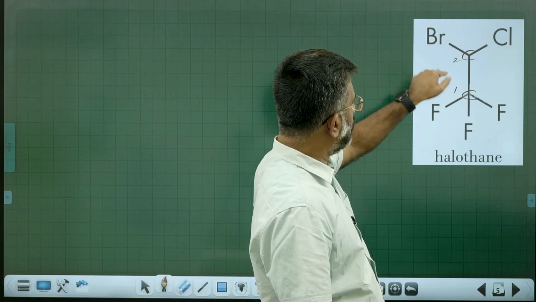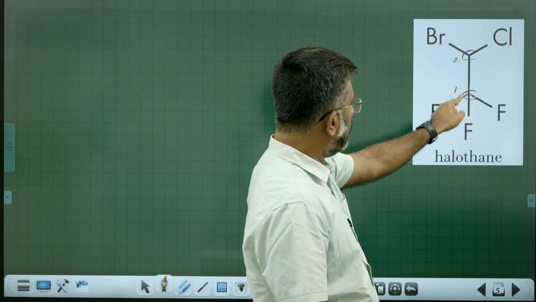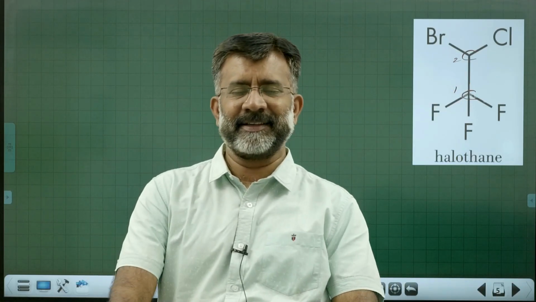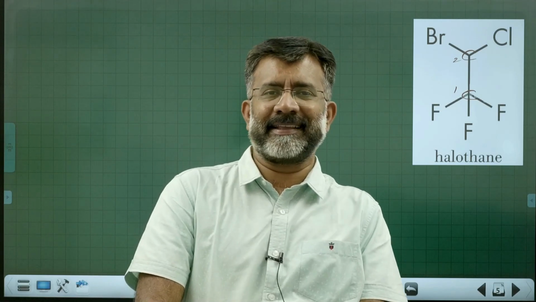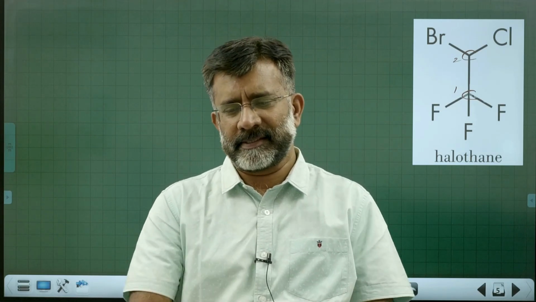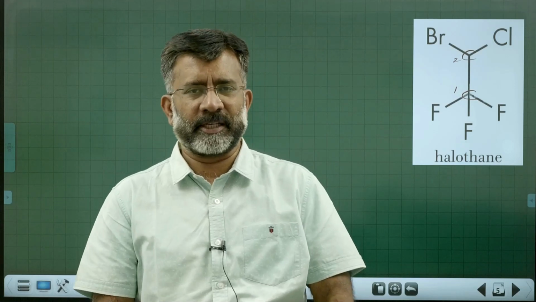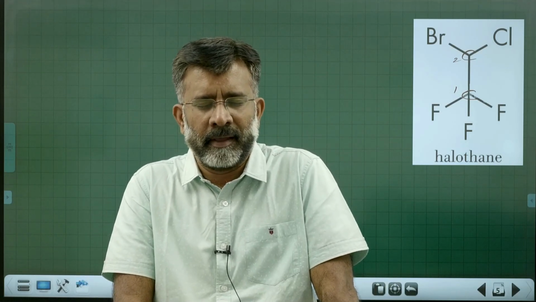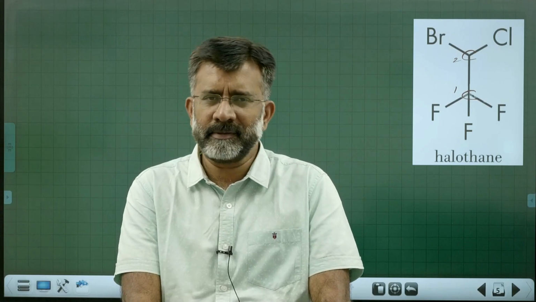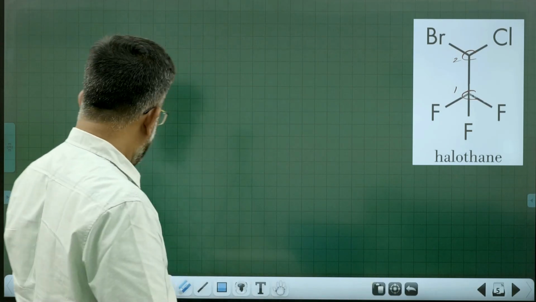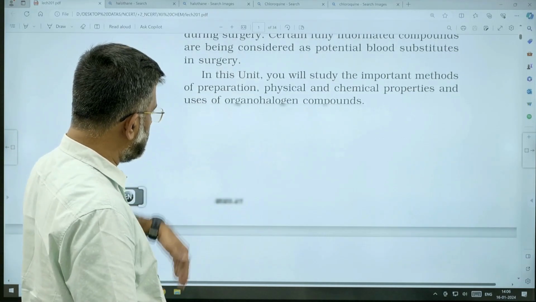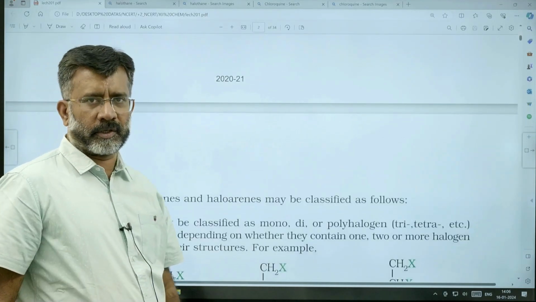So 2-bromo-2-chloro-1,1,1-trifluoroethane. That is the very famous anesthetic chemical halothane, a simple molecule explained in the introduction paragraph, and of course a few other molecules also, and you are advised to get familiar with that. And next, the part of the chapter entering into the classification of halogen compounds.